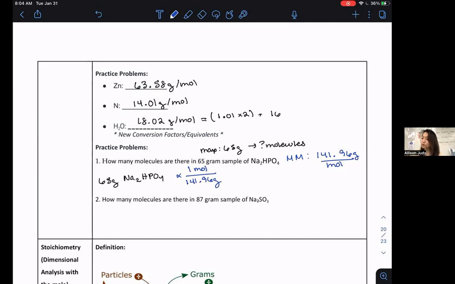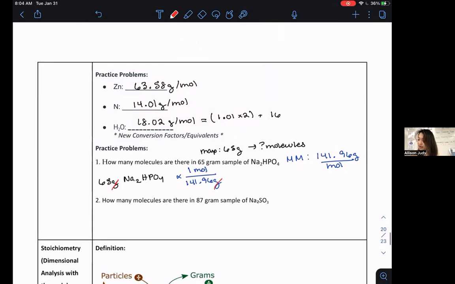I've turned my molar mass number into a math tool in order to create a relationship between the two units I want, grams and moles. I've ordered it in a way that my grams cancel, and I'm just left with moles of Na2HPO4, using the molar mass.